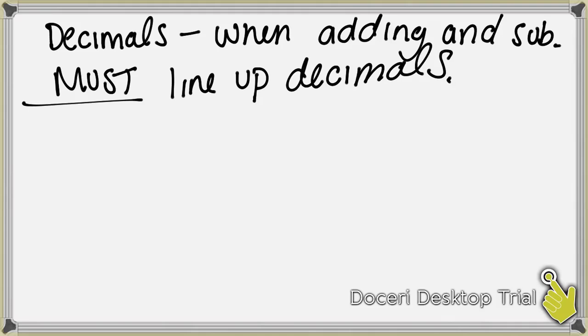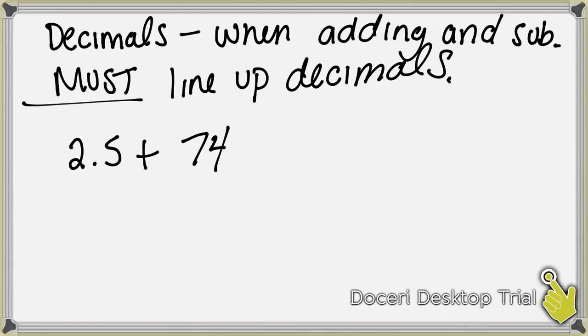So if I said 2.5 plus 74. All right, so this is where place value comes in.